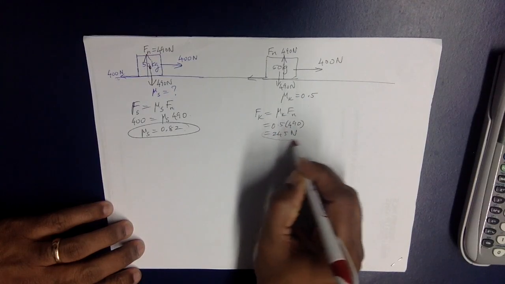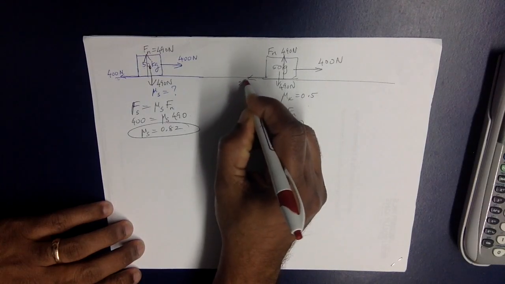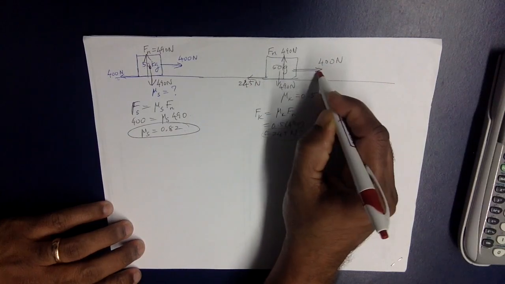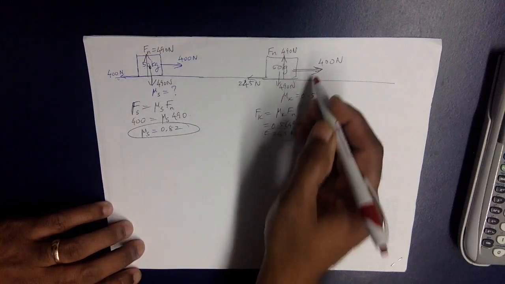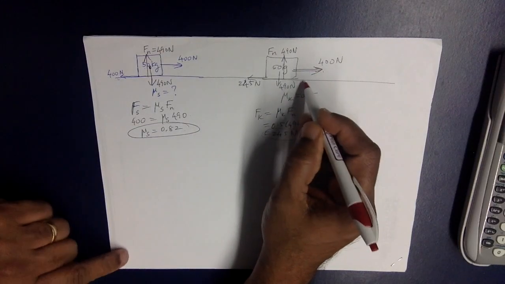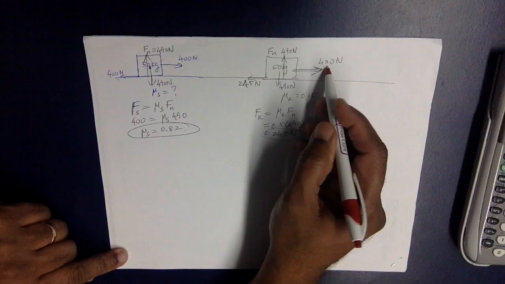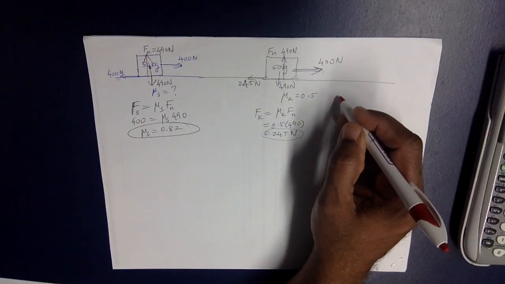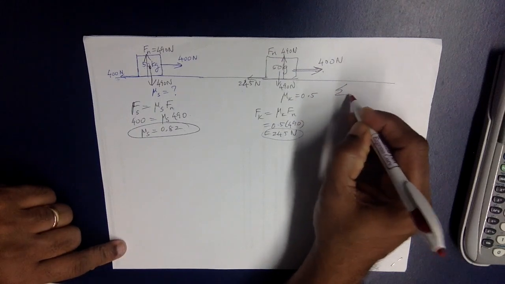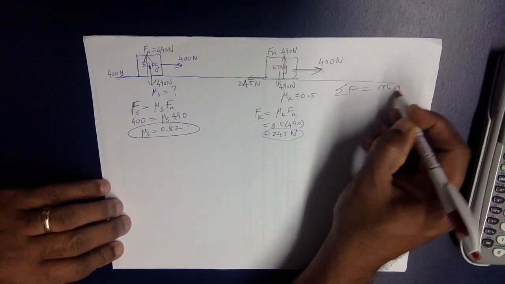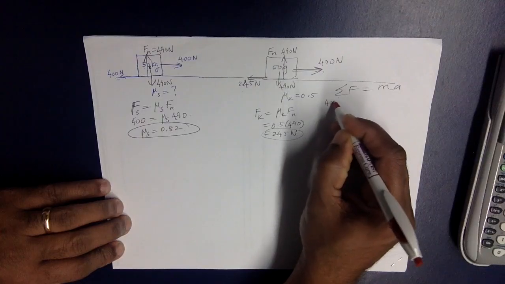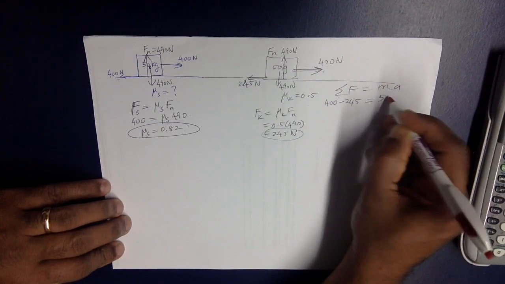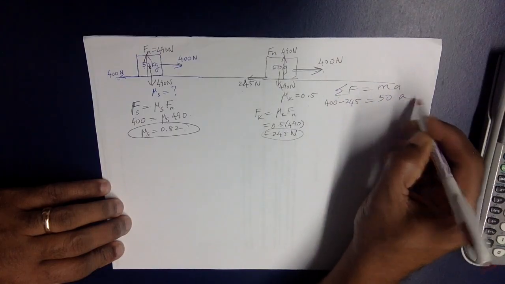So that 245 newtons is going to be acting backward, but you are applying 400 newtons forward. That obviously is a bigger force. So the net force is going to be in this direction because that's a bigger force. So according to the second law, net force is equal to ma, and the net force is 400 minus 245, and that should be equal to 50, that's the mass, times a.